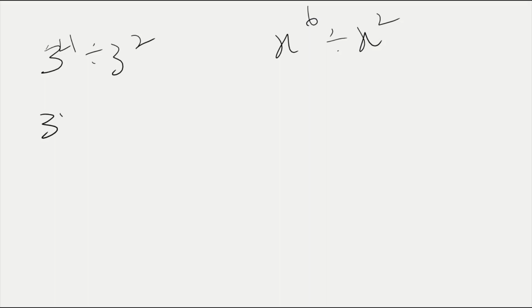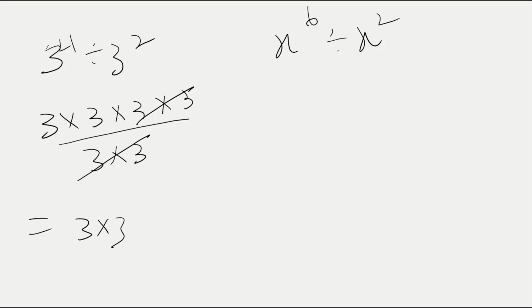The next law of indices is for division. When you're given 3 to the power of 4 divided by 3 to the power of 2, and x to the power of 6 divided by x squared, we know that we can write it this way. 3 times 3 times 3 times 3 divided by 3 times 3. Cross them out. Then you get 3 times 3, which is 3 to the power of 2. And here, x to the power of 4.